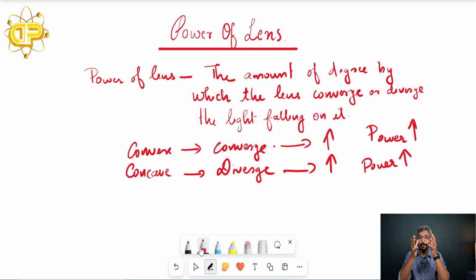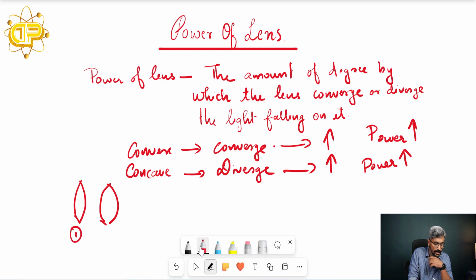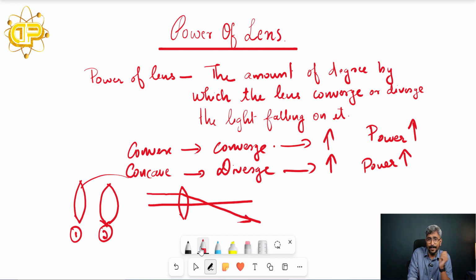So this is the physics or story behind the diverging and converging of a lens as well as the power of a lens. Suppose you have two convex lenses in your hand, one is like this and the other one is like this. This one is the first convex lens and this one is the second convex lens. If I take the first convex lens and check how much it is converging, when light is falling, it will converge and refract like this.